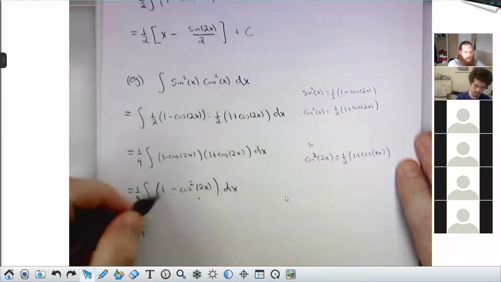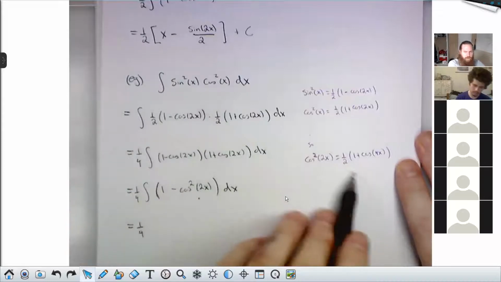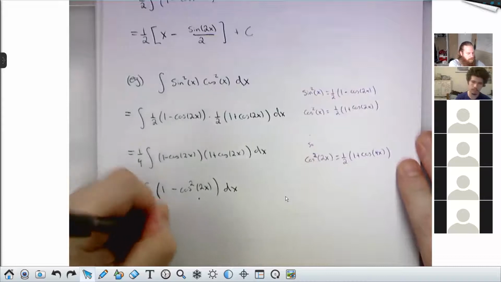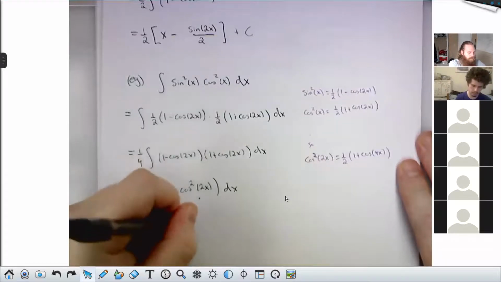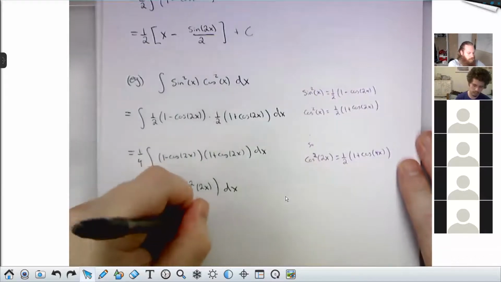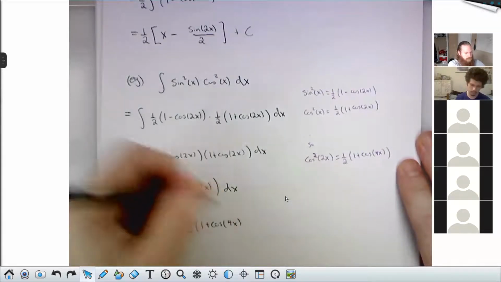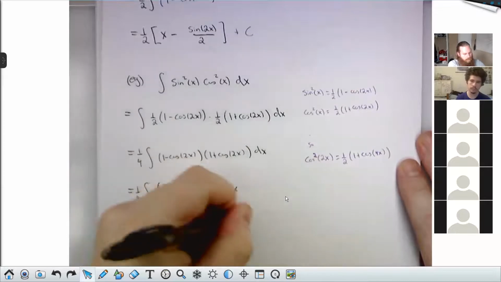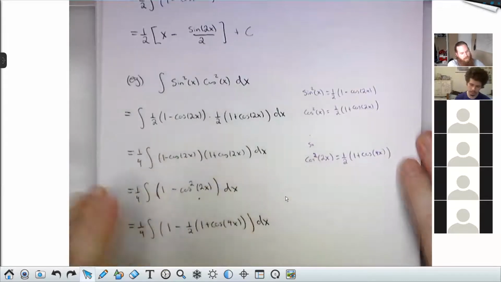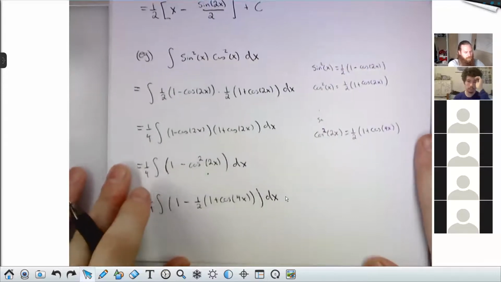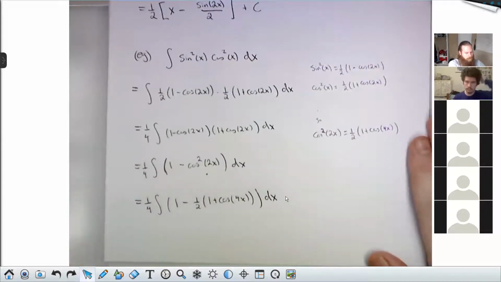You could split up the integral and do the integral of 1, but it's better to wait until you've done this, because you'll have some constant terms that you can combine. So I'll have 1 minus 1/2 times 1 plus cos of 4x dx. Again, careful with the parentheses. Now I'll distribute the 1/2.